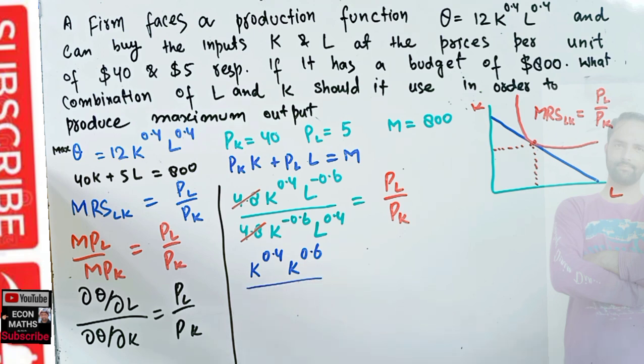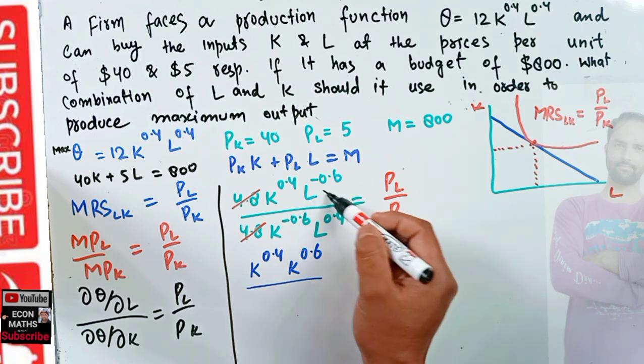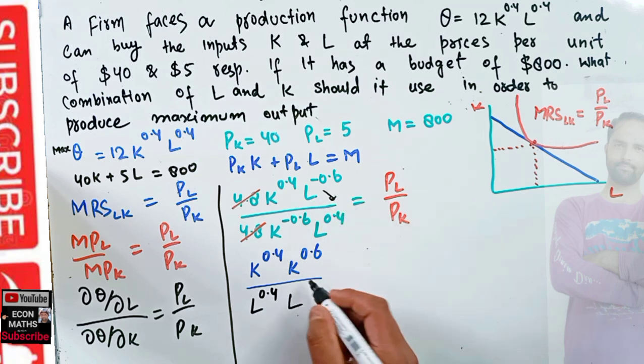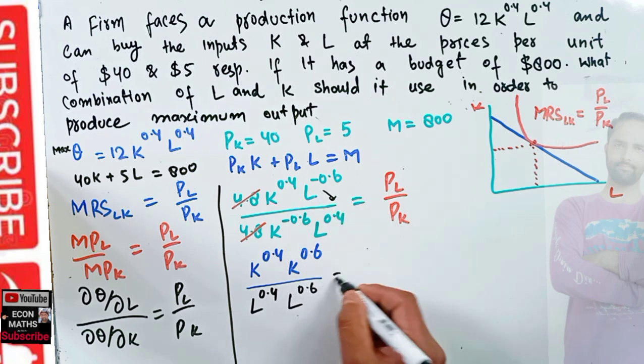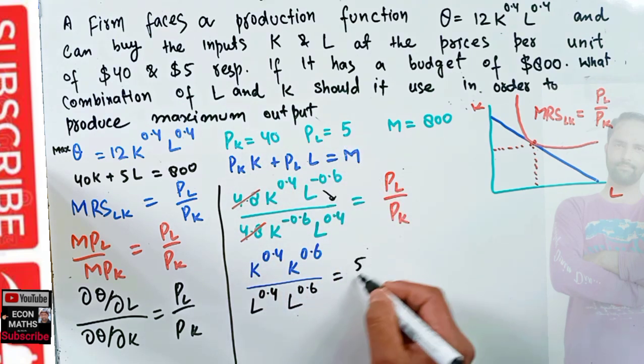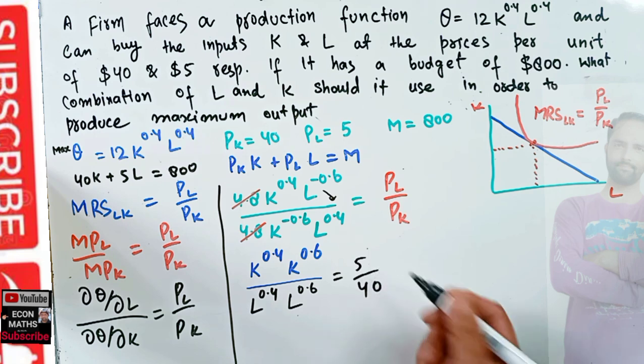By the same logic, let us transpose this L to the denominator. In the denominator, first we have L to the power 0.4, and when we transpose it, the exponent sign changes. We have L to the power 0.6, which should be equal to PL upon PK. Price of labor is 5 upon price of capital is 40.